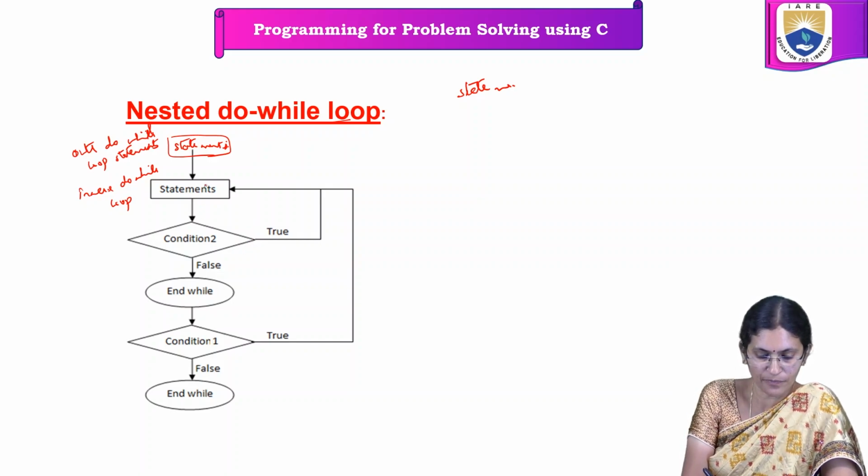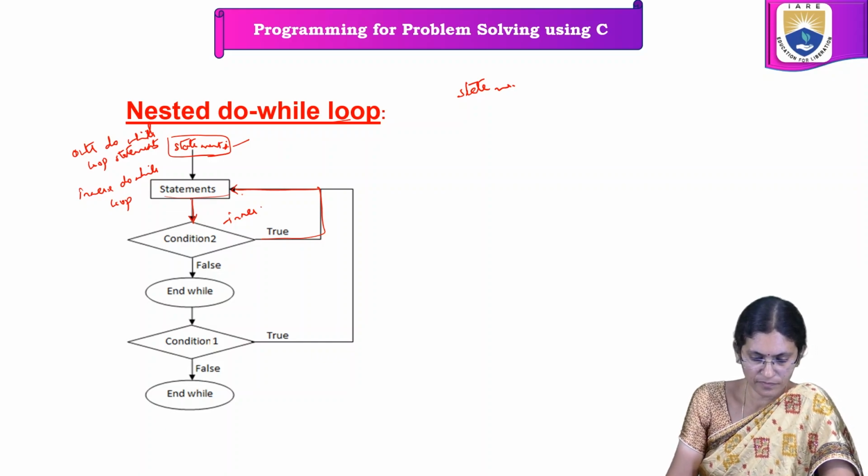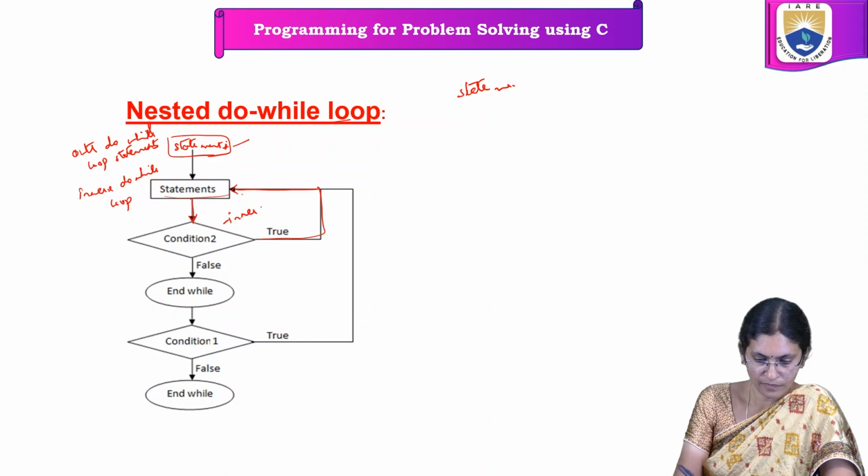First the statements which are there in the outer do while loop and statements which are there in the inner do while loop are executed. After that, the condition in the inner do while loop is checked. If it is true, then again the inner do while loop statements will be executed. If the condition becomes false, that is the end of the inner do while loop.